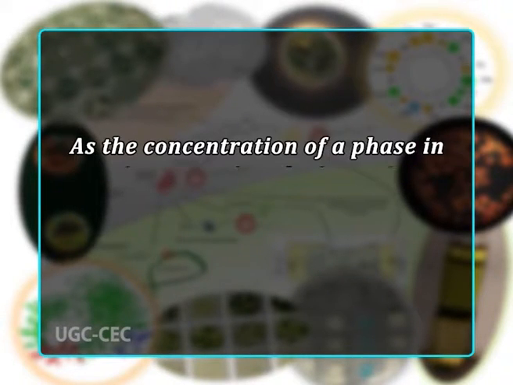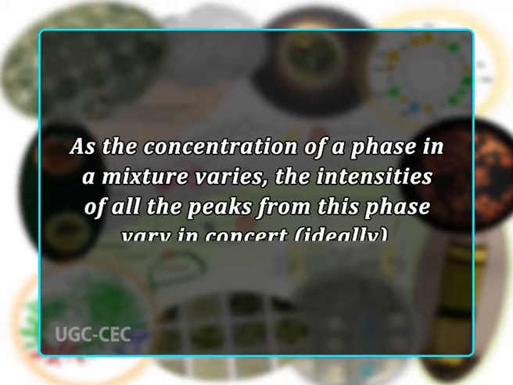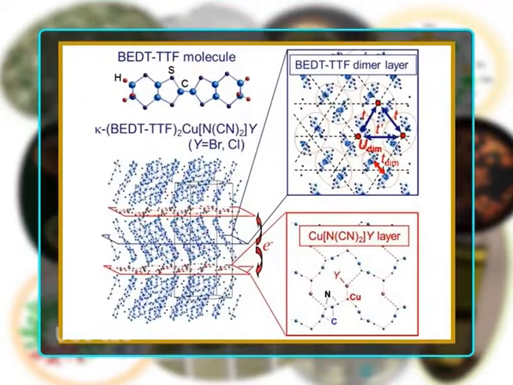As the concentration of a phase in a mixture varies, the intensities of all the peaks from this phase vary in concert, ideally. Thus, the concentrations of the phases in a mixture can be determined by measuring the intensities of peaks in the powder pattern. XRD analysis can also determine ab initio crystal structure.